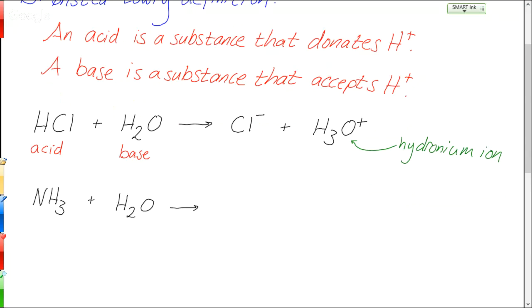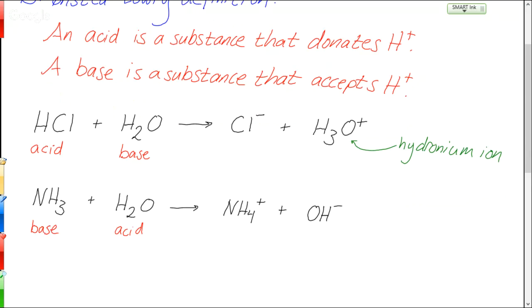If we take NH3 and H2O, NH3 is ammonia, we make NH4 plus, ammonium ion, and OH minus, hydroxide ion. So now in this example, which one is the acid? The H2O, right, the water. That's the one that's losing its hydrogen. So this one's now the acid, and this one's now the base.